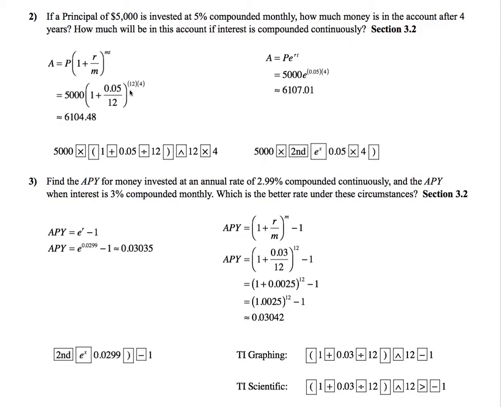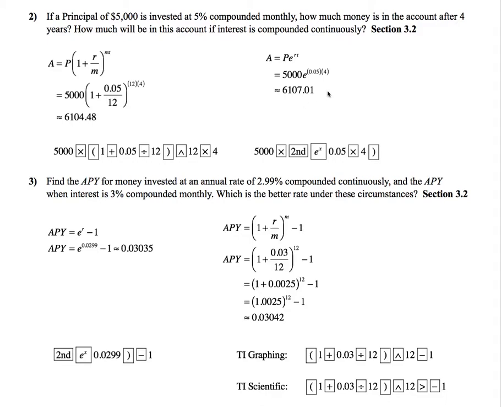So there'll be a little area that'll come up, and whatever you enter in there is what's going to be in the exponent. And then you have to press the cursor key to the right to get out of that, but that's not going to be necessary in this case because the last key that you press is the 4, which is in the exponent, and then you hit enter and you get $6,104.48.